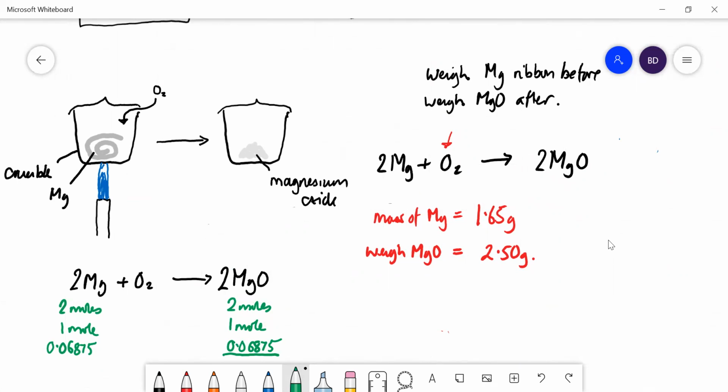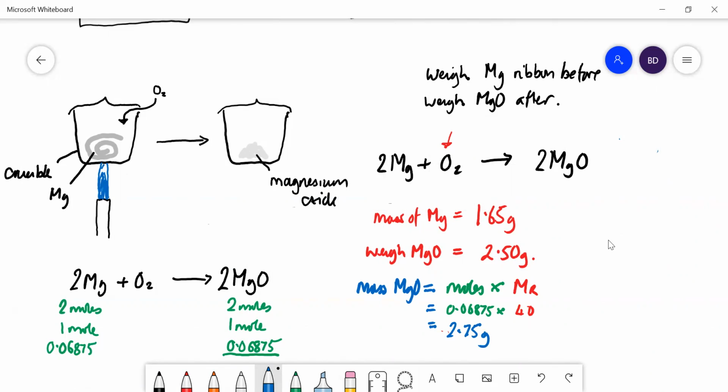So mass of MgO is equal to the moles times by the Mr. That is equal to 0.06875 multiplied by the Mr of magnesium oxide, which is 24 for magnesium, 16 for oxygen, so that's 40. And that is equal to 2.75 grams.